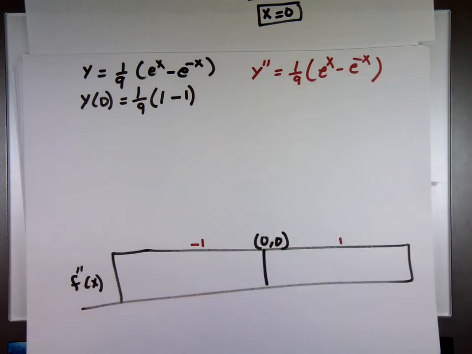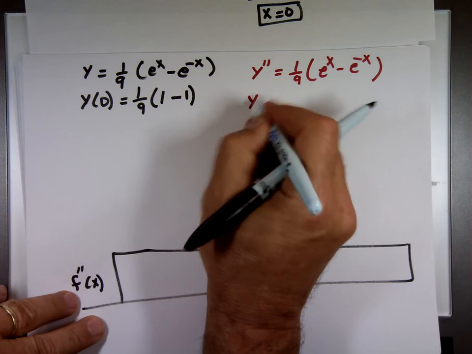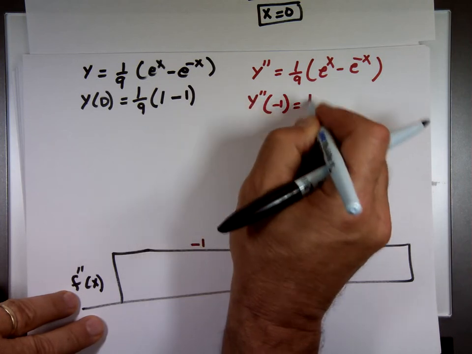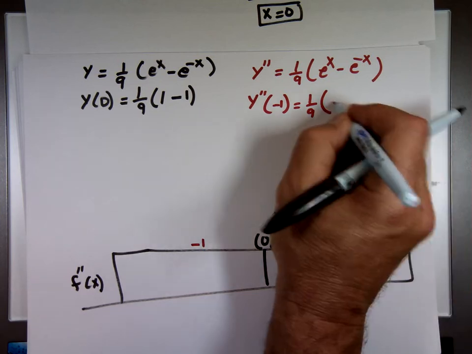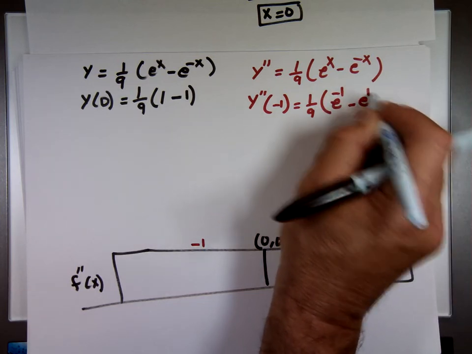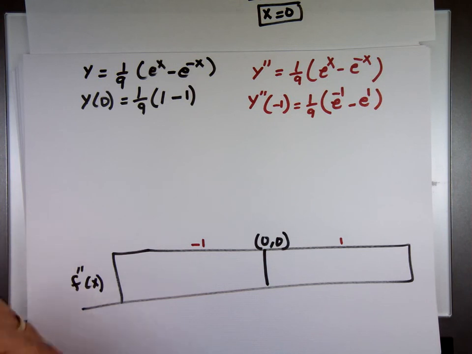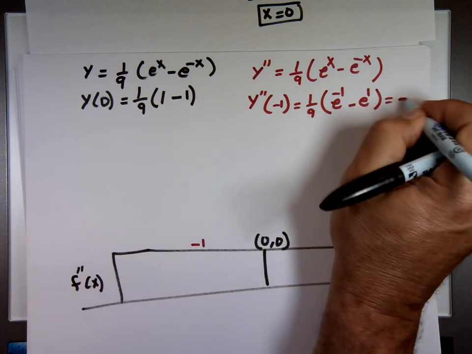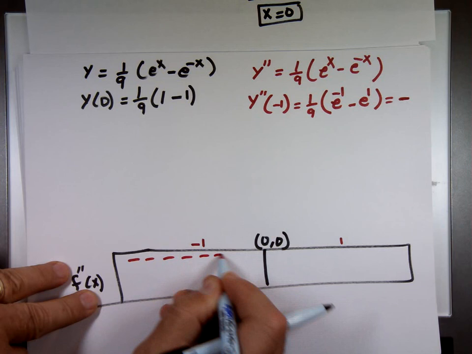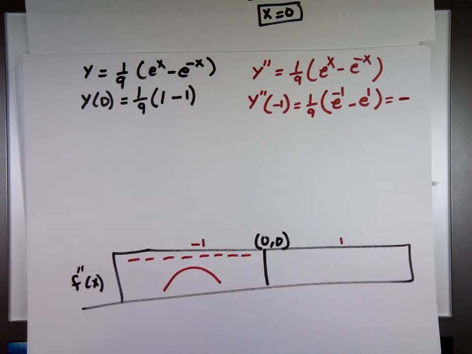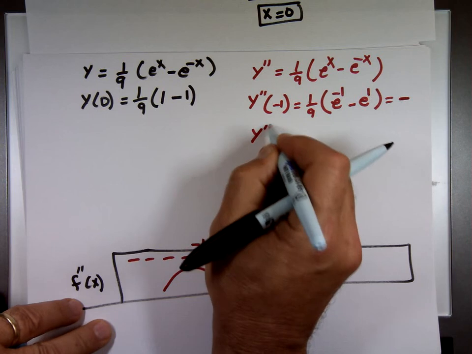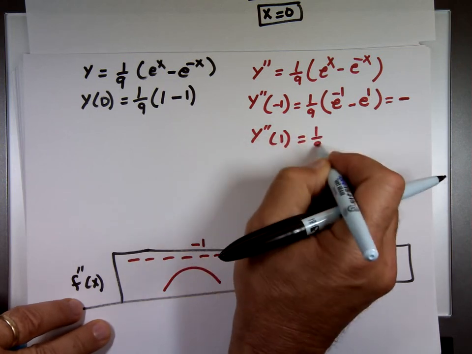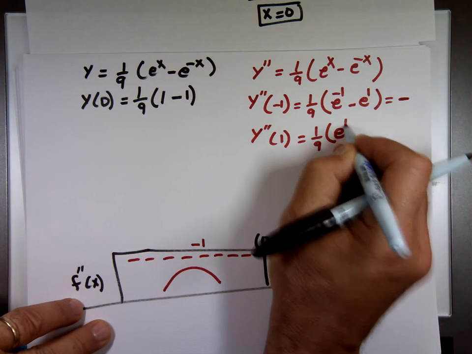So what is the second derivative at -1? e to the -1 minus e to the 1. Positive or negative? That's a negative number. You can push on your calculator. Concave downward. What's the second derivative at 1? 1/9 (e to the 1 minus e to the -1). That's a positive.